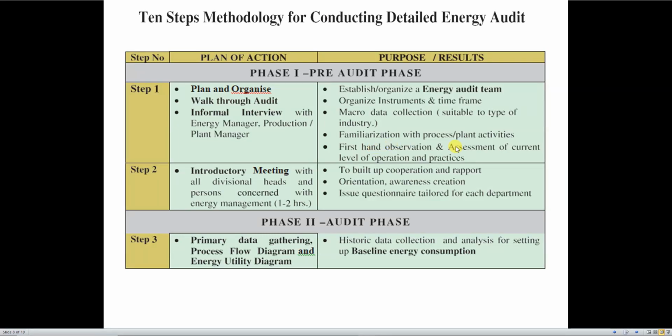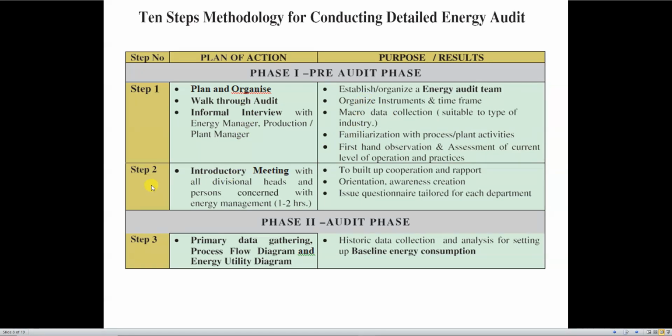And also we can assess the current level of operation and practices. So by planning or continuing these actions, we are going to get the results, which are 5 results from 3 actions.